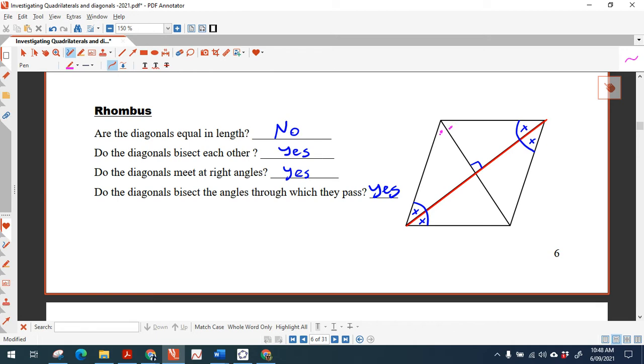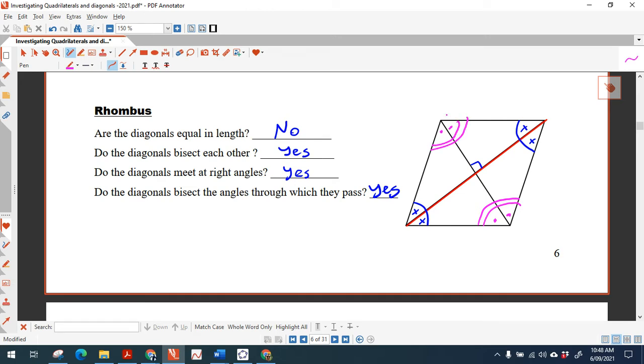So we're going to say that those two angles there are equal, and then here and here. Make sure you've got the same markings as me. All right. So the black diagonal cuts the pink angle in half. I'm going to put a double arc there and a double arc here.